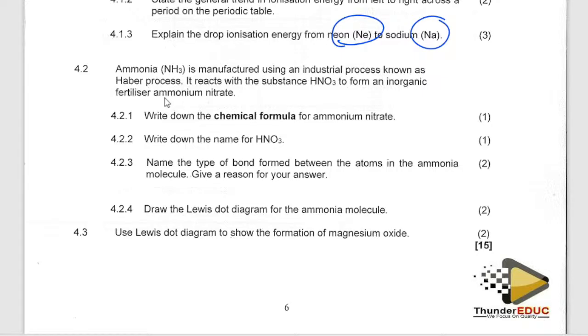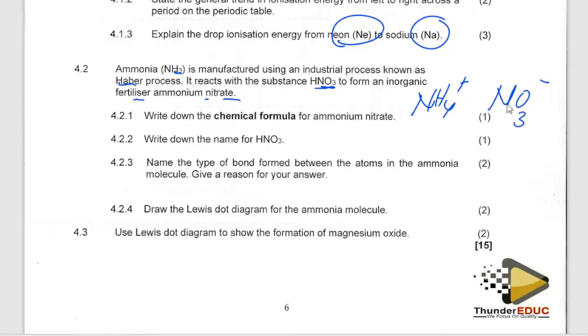They are saying that ammonia is manufactured using an industrial process known as the Haber process. It reacts with nitric acid to form the inorganic fertilizer ammonium nitrate. Write down the chemical formula of ammonium nitrate. I told you that this is ammonium, and then nitrate is like that.